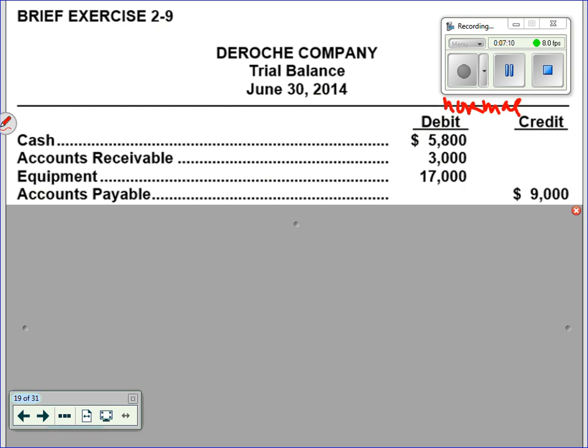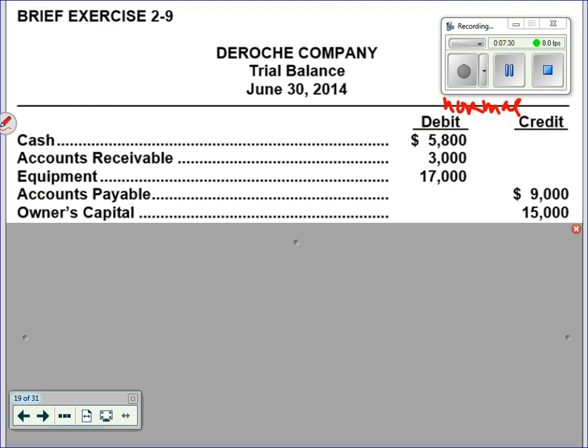A big T, and it's got a normal credit balance. It doesn't appear we have any other payables. What's our next account? Owner, well, we're under the owner's equity world, but it's called owner's capital. It's also a credit-based account, so its $15,000 balance will be in that right column.